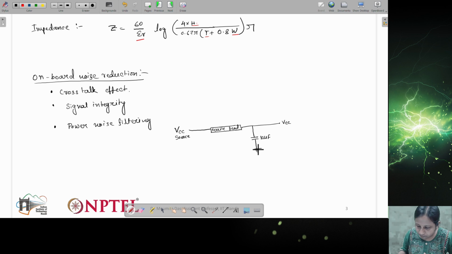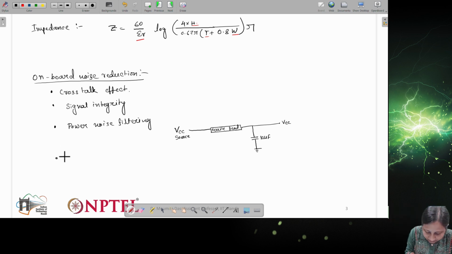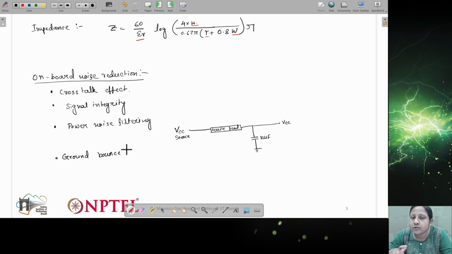Now if we have the ground bounce effect, that generally comes during the switching of multiple switches. Some switch is turning on and off, and simultaneously other switches are turning on and off. That will cause the ground bounce effect. In order to reduce that, again we have to connect a filter, a decoupling filter.